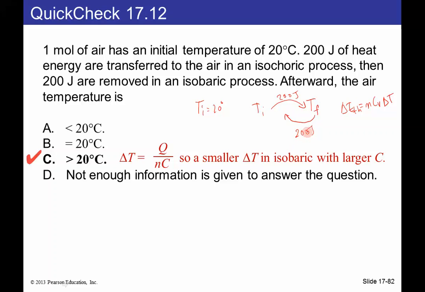Some of it is the work being done to compress the system. So the change in thermal energy here is less because this delta T is less. It is always equal to this equation, but then there is the added work. Remember, delta E thermal is equal to Q plus W. In the first process we don't have W. In this process we do have work being done, and that is the reason we are going to have a temperature greater than 20 degrees.